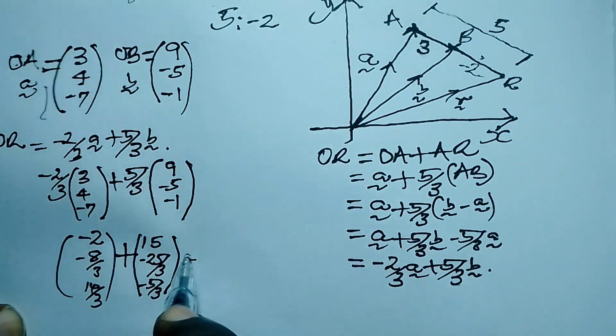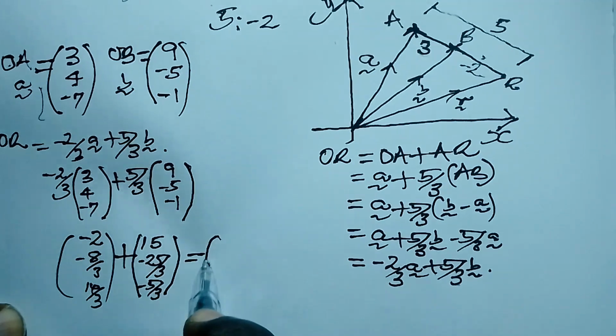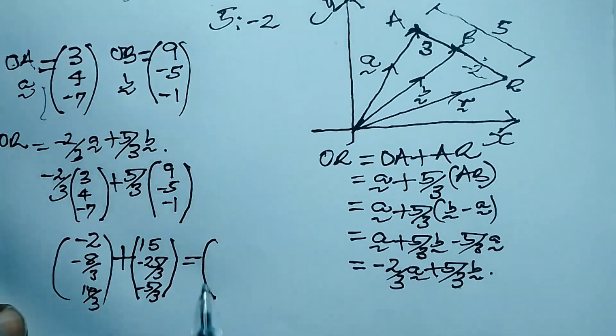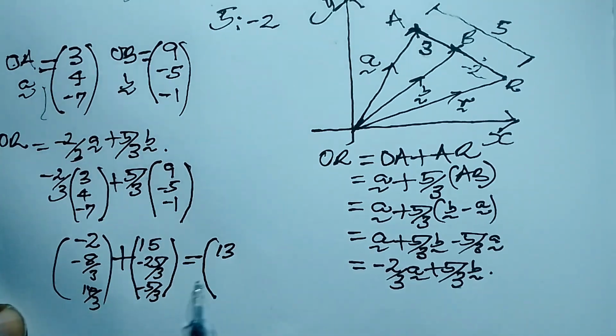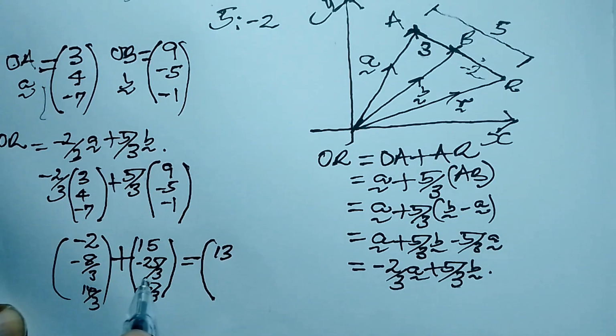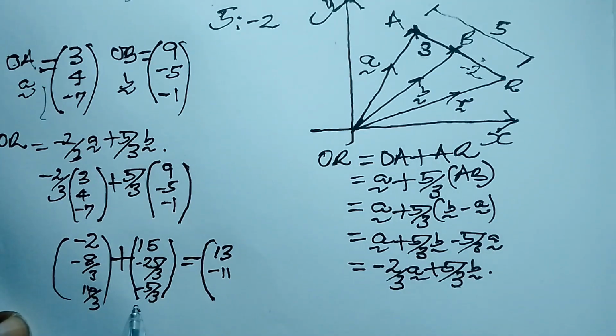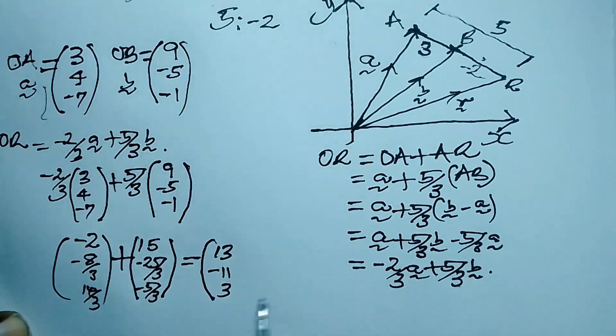So when we add this, we are going to get the column vector 13, negative 8 over 3 minus 25 over 3, negative 33 over 3, which gives you negative 11, and finally 14 over 3 minus 5 over 3 gives you 9 over 3, which is 3.